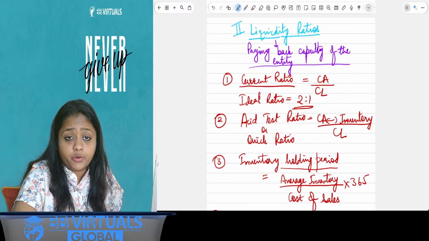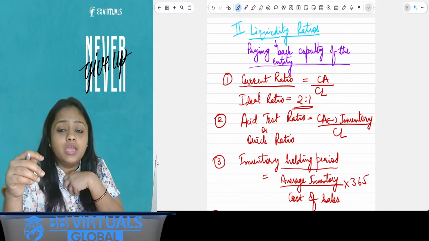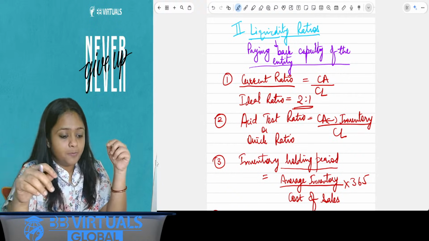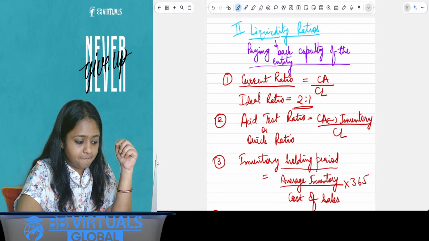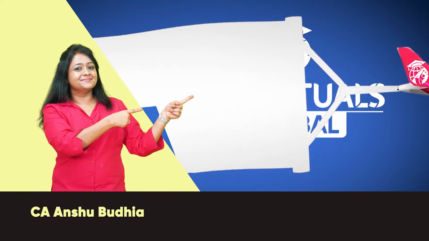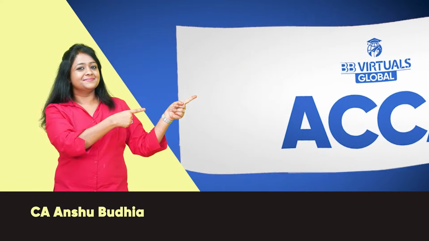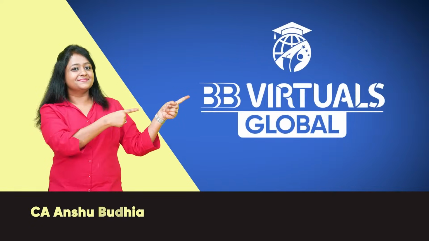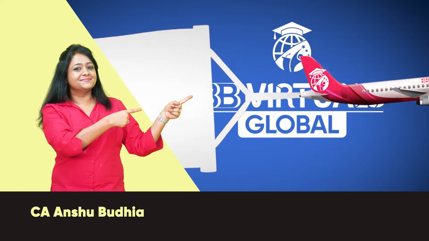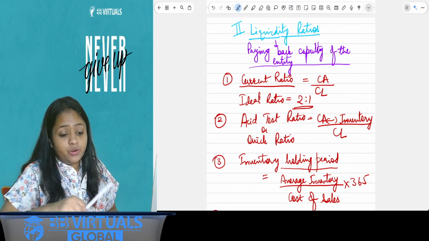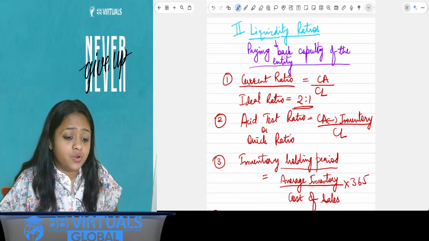Okay, let's go forward. So liquidity ratios we are doing. Liquidity ratio means what? What is it evaluating? It is simply evaluating the paying back capacity of the entity.